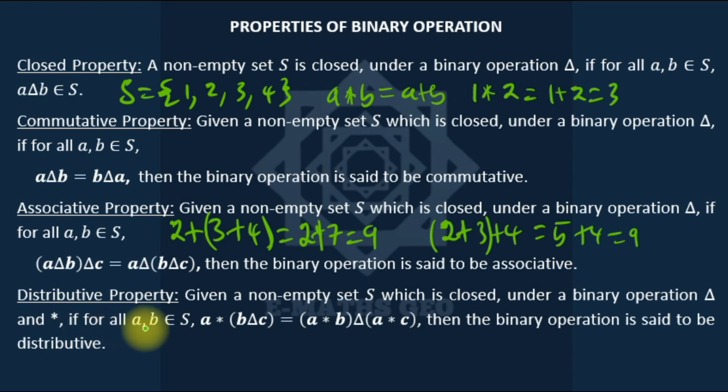If for all A, B, C elements of the set, then A star B triangle C. That is, if you combine B triangle C, and after you combine A star that, it will still give you the same as combining A star B, you keep it, combine A star C, you keep it, and after you now find A star B triangle A star C. That's the meaning.